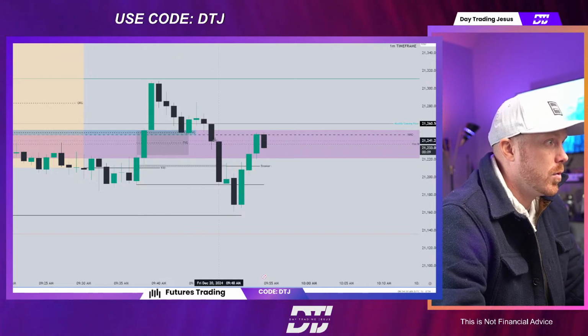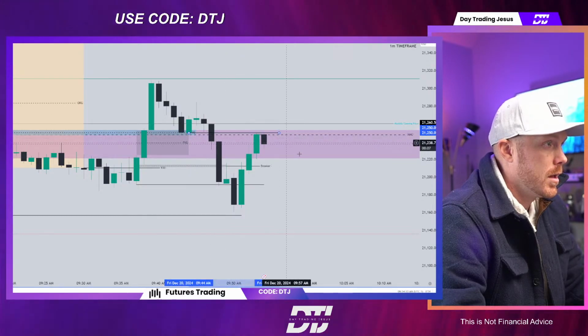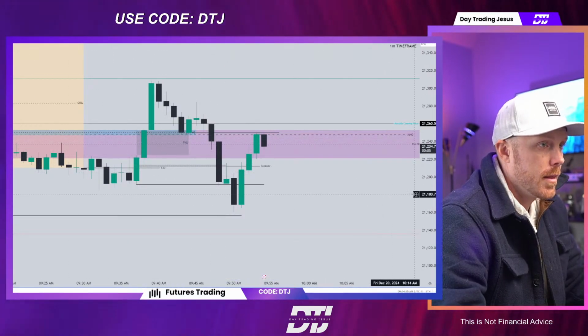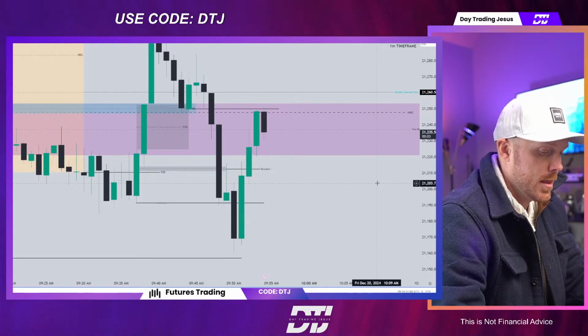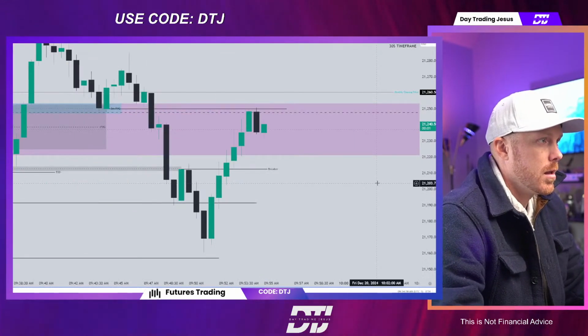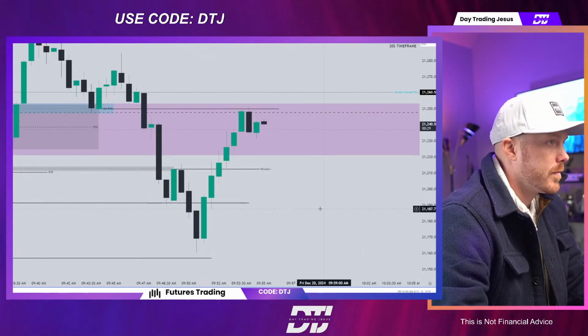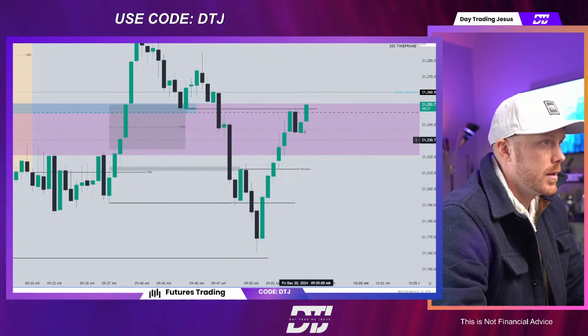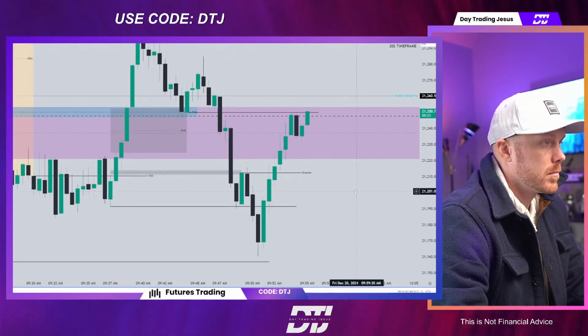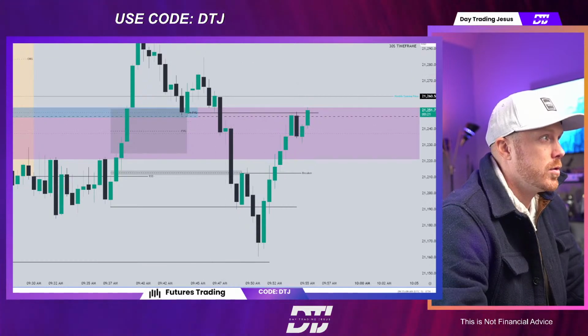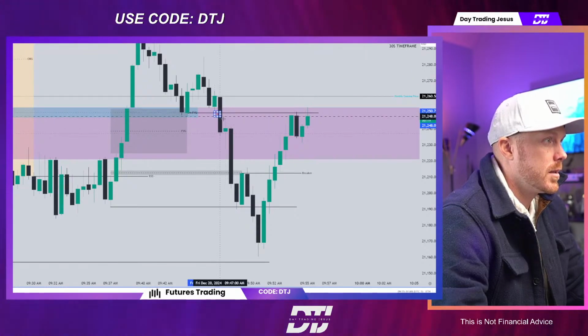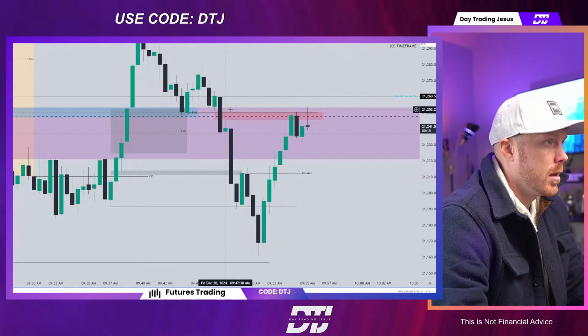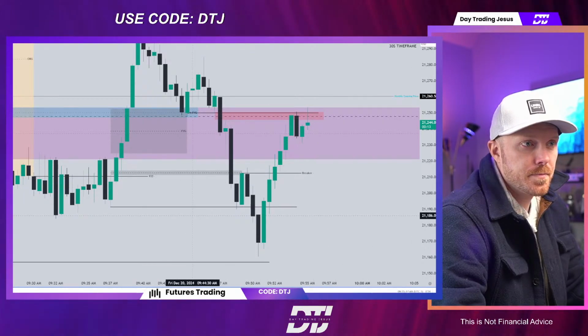So we ran into this order block. Nice reaction there. Mitigation block. If we get a close on this, I would be interested in that for just 10 handles.